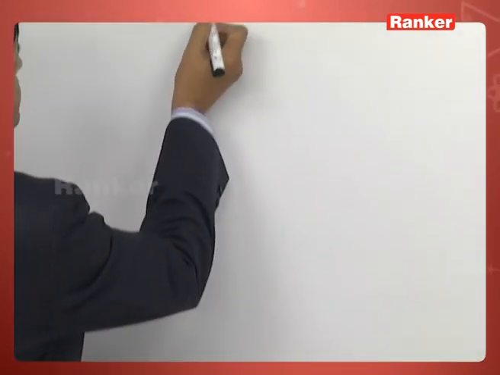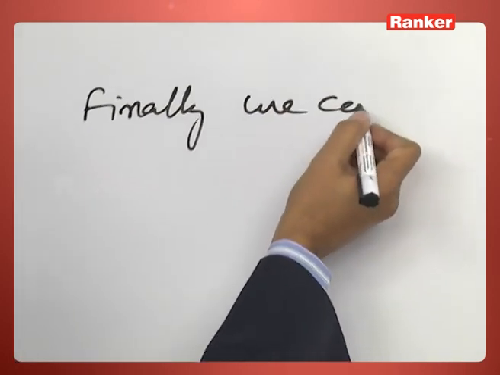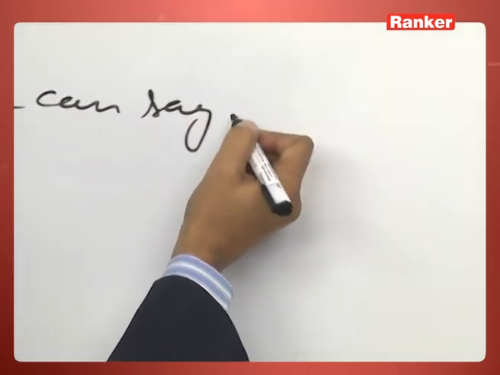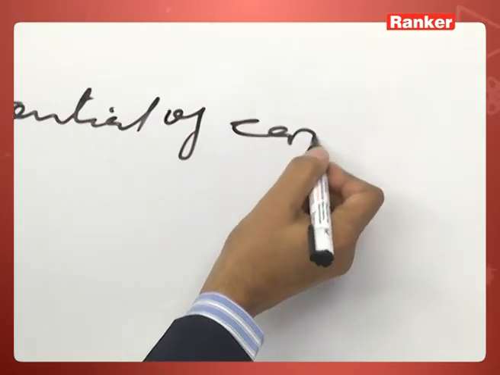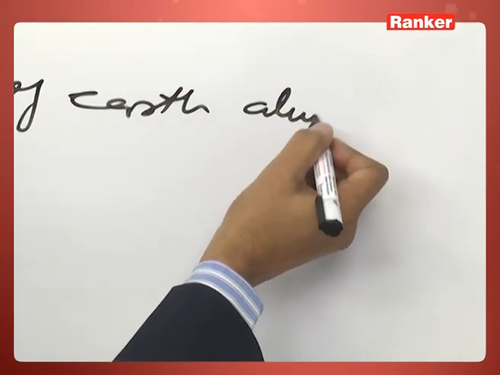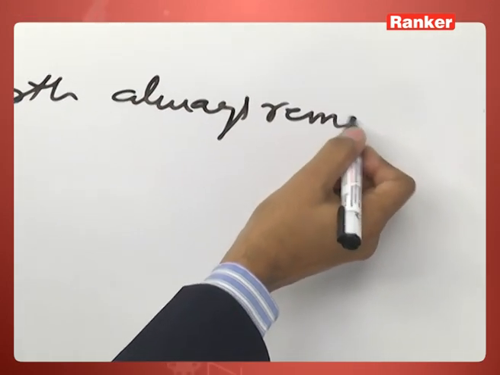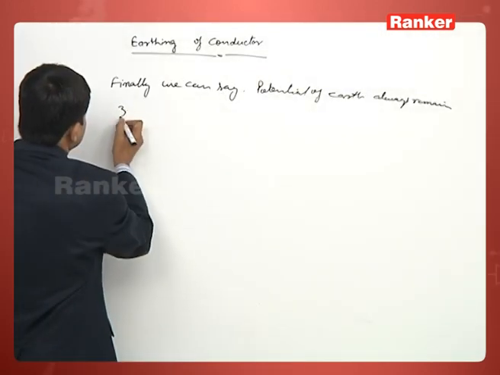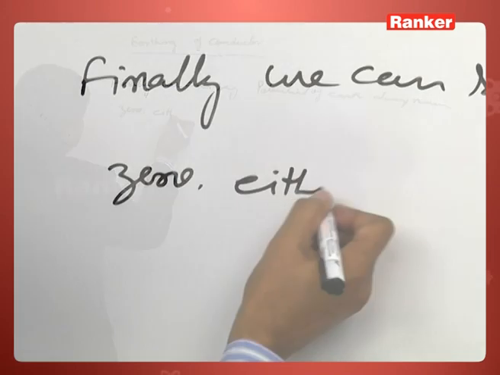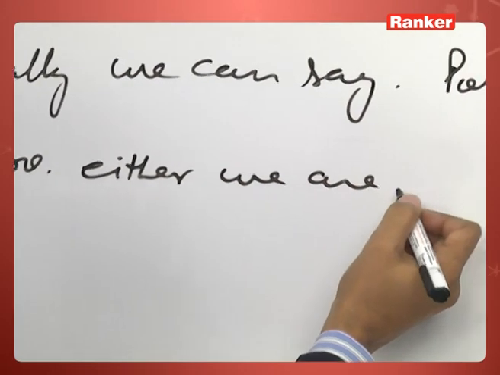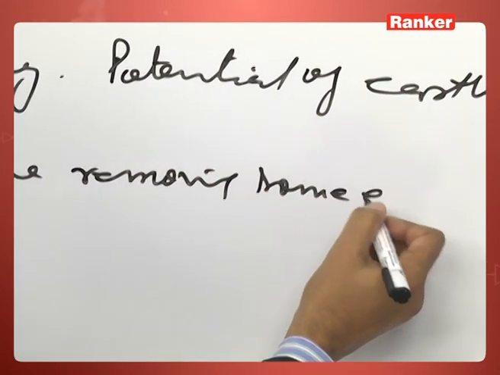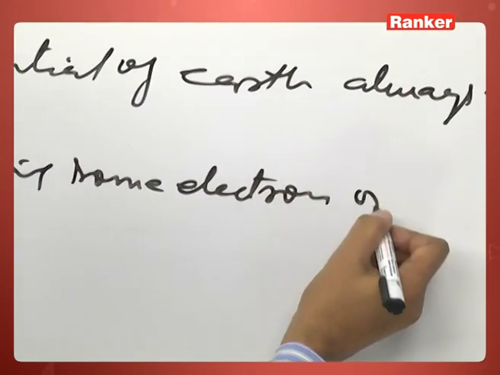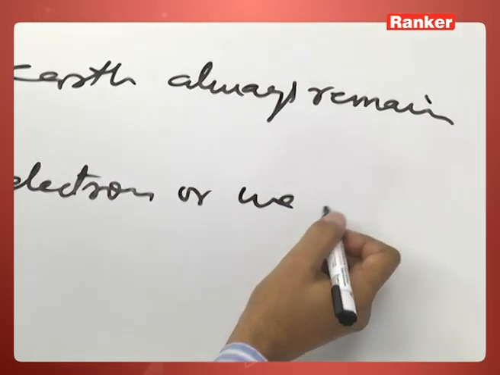So finally, we can say the potential of the earth always remains 0, whether we are removing some electrons or supplying some electrons.